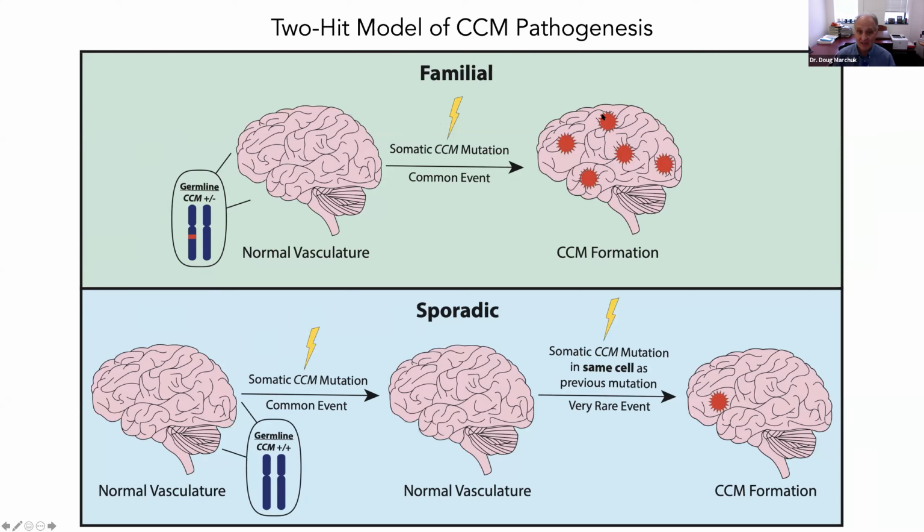But at some point in time, and happening presumably multiple times over the course of the lifetime, that normal copy of the gene got mutated, and that seeded the formation of a CCM. And that's why there are multiple ones. In a sporadic case, because you don't start out with one mutant copy, every cell has 2 good copies, so you need 2 mutations to occur in the cell. And that's very, very rare.